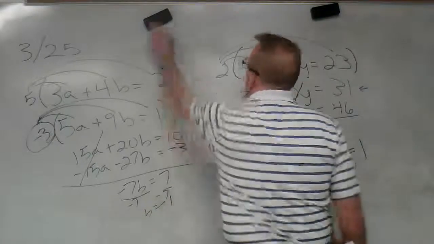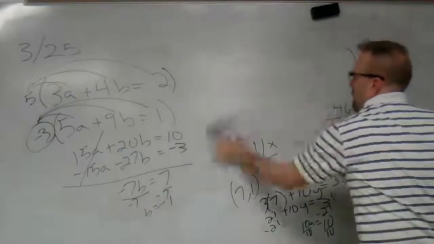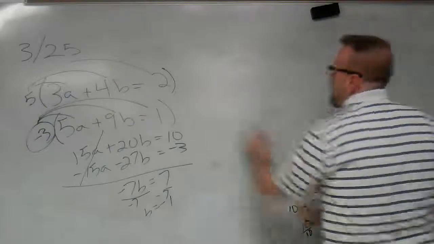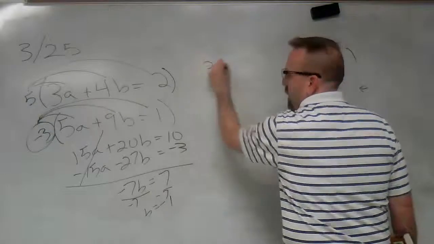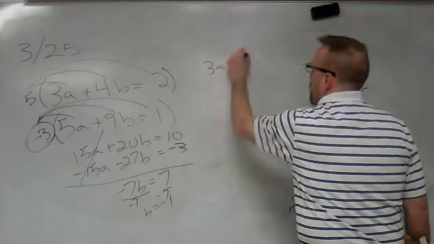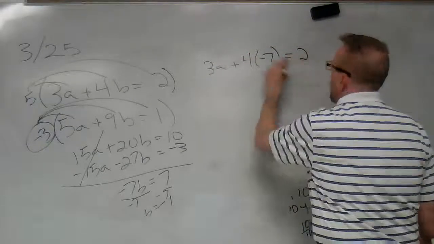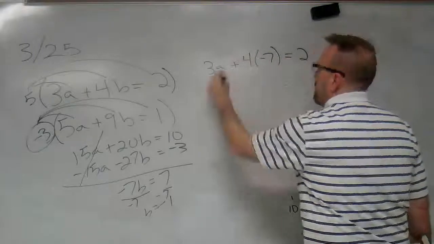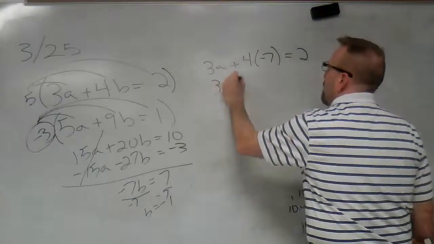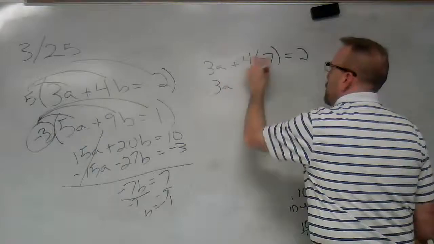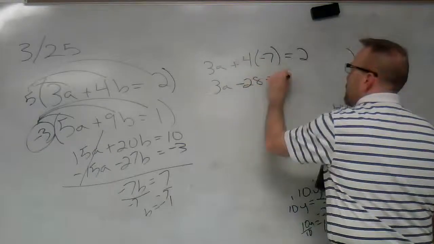All right, we're almost done with that one. We need to find out what a is. Go back to either of them. 3a plus 4 times negative 1 equals 2. Correct? Yes. 3a minus 4 equals 2.